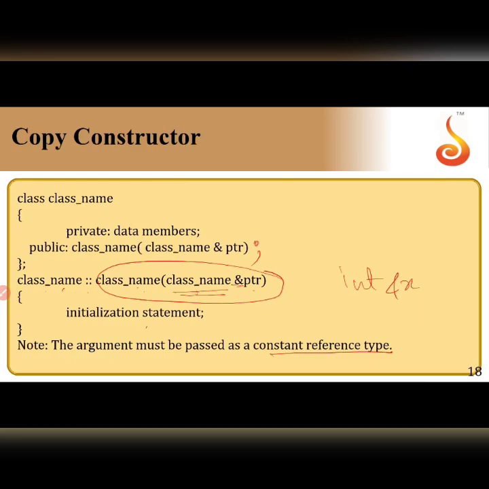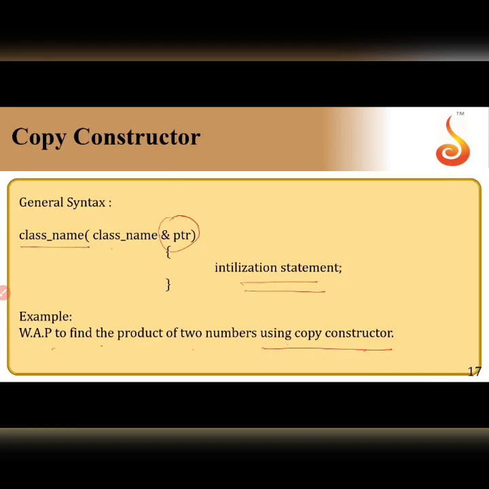Now let me write the program. What was the statement of the program? The statement was a program to find the product of two numbers using copy constructor. So you have to use the copy constructor to find the product of two numbers. How do I start it?